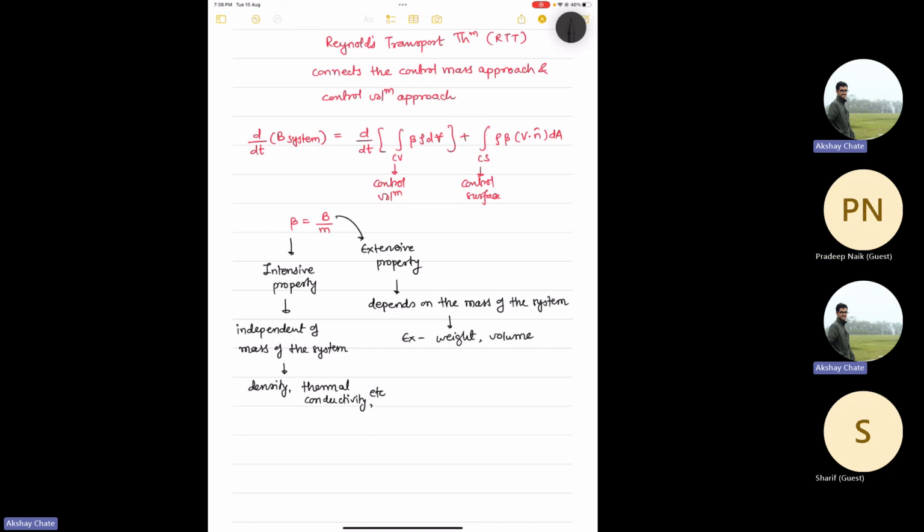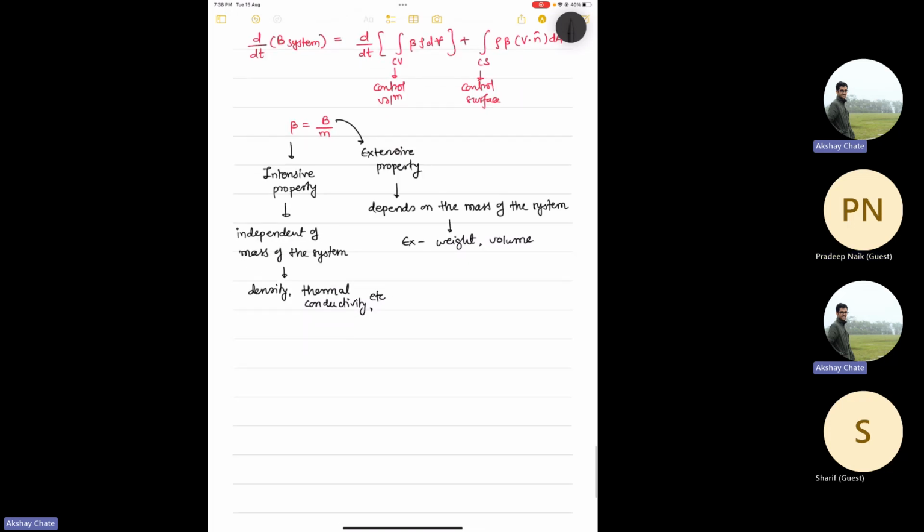So let me ask you a question. Let's say you have 10 kg of any mass, at a temperature of, say, 100 degrees Celsius. And I divide that mass 50-50, into 5 kg each.